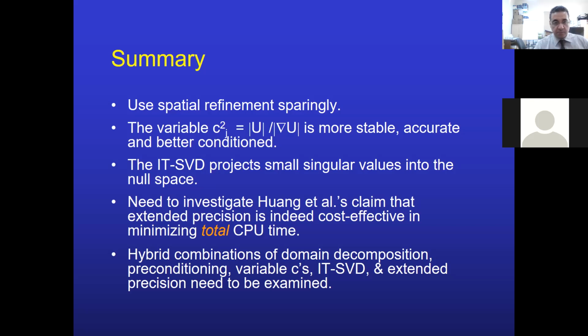Anyway, I can send you some of the write-ups that I have done with Professor Chang to show you the new approach, where you can use extended precision and block Gaussian elimination and get some really nasty problems done.